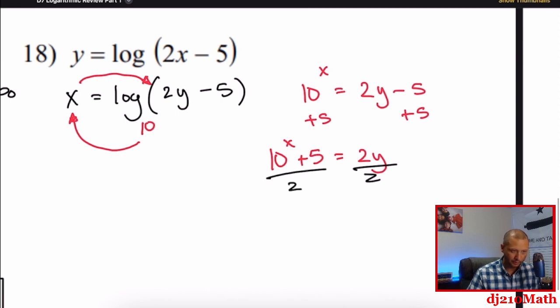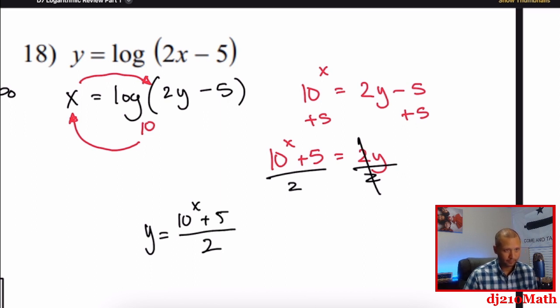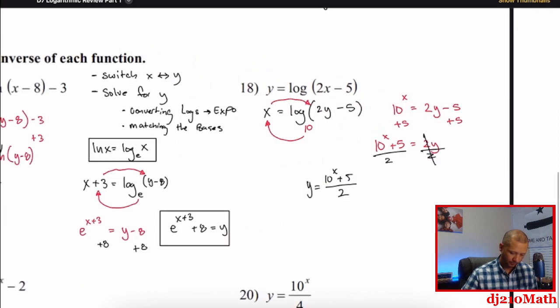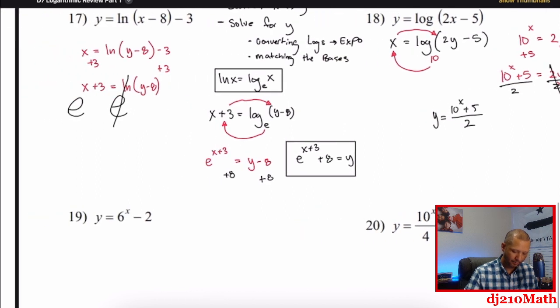And we see that y is equal to 10 to the x plus 5, all divided by 2. So I guess we could box that.